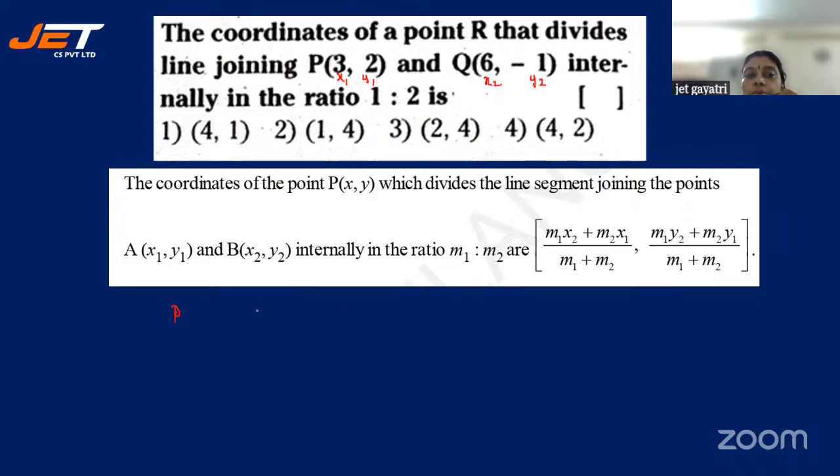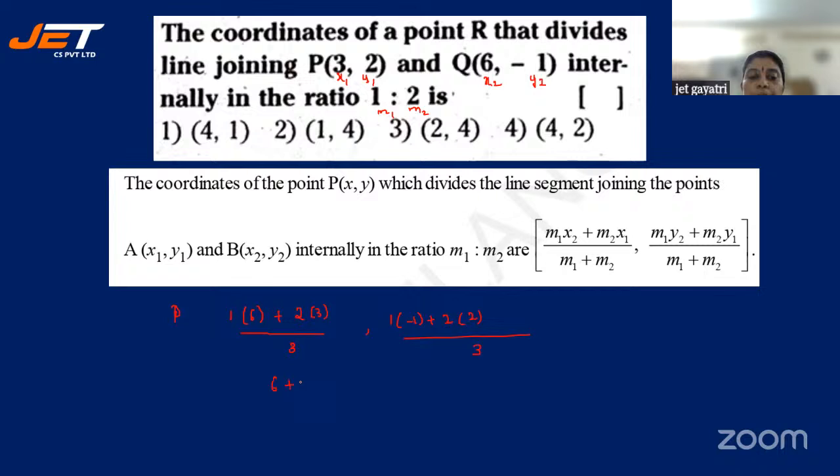So m is 1 into x2 is 6 plus m2 is 2 into x1 is 3 by m1 plus m2, which is 3, m1 is 1 into y2 is minus 1 plus m2 is 2 into y1 is 2 by m1 plus m2 is 3.